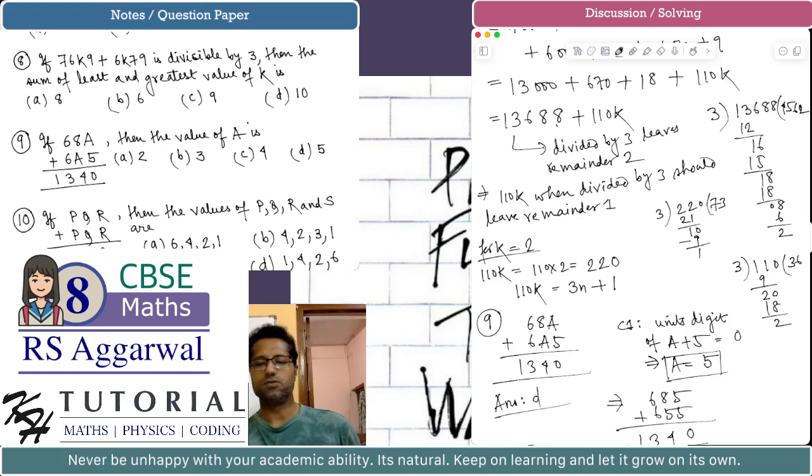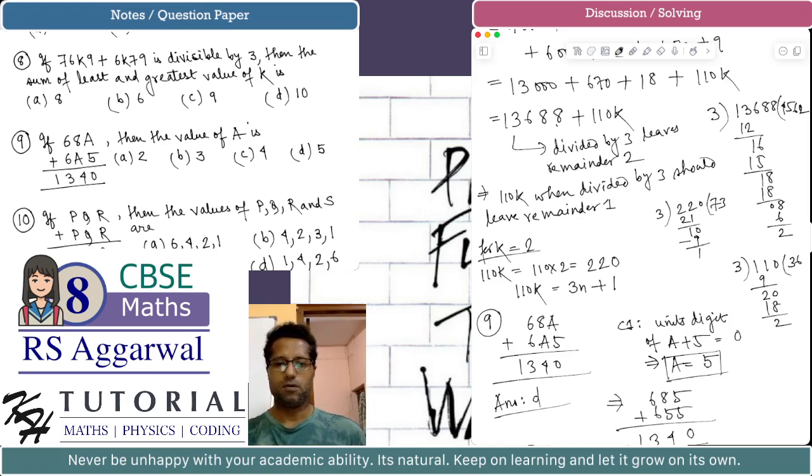What about k equals 3? 110k will be 330, and 330 is exactly divisible by 3, so it will not have a remainder of 1. It will not work.